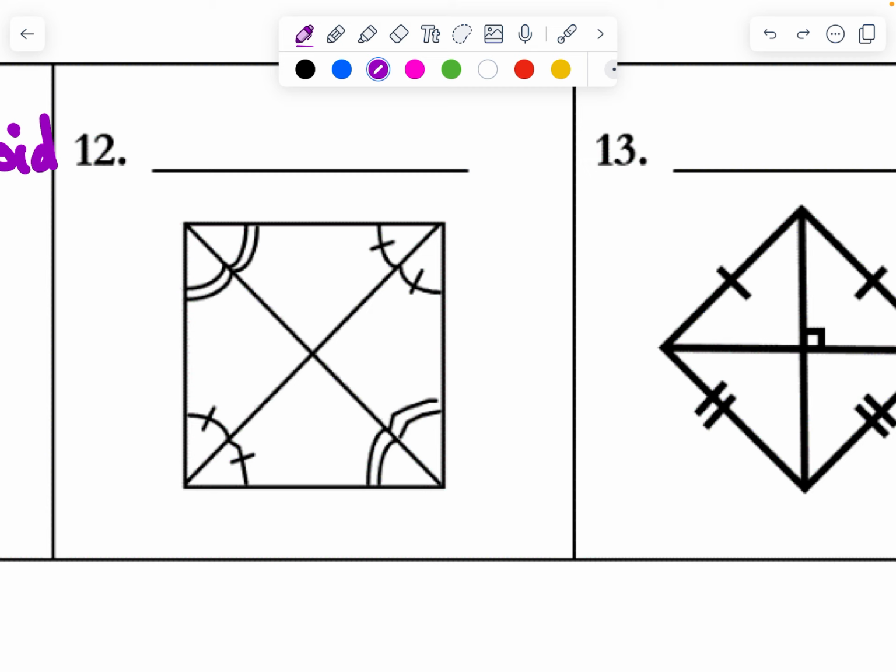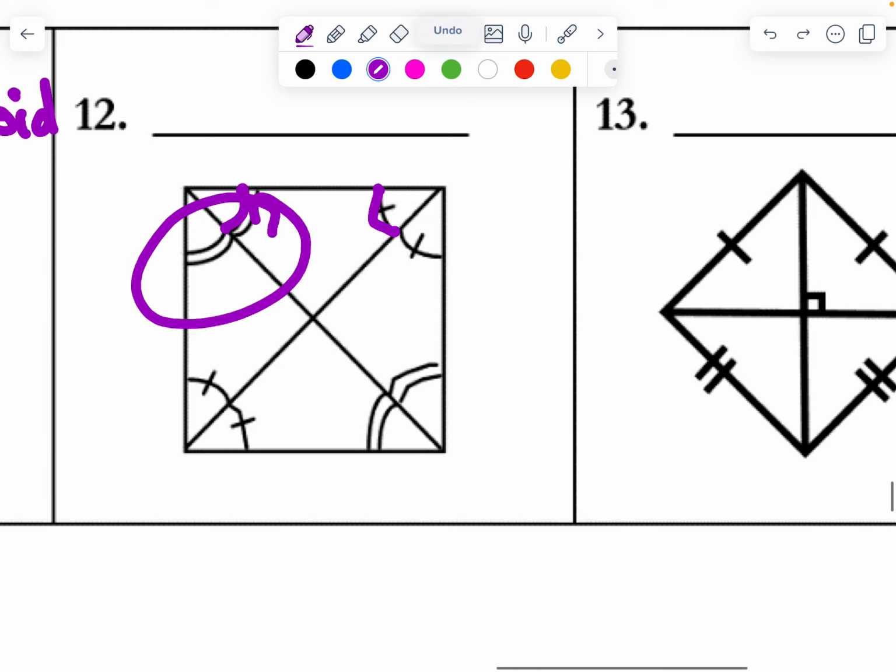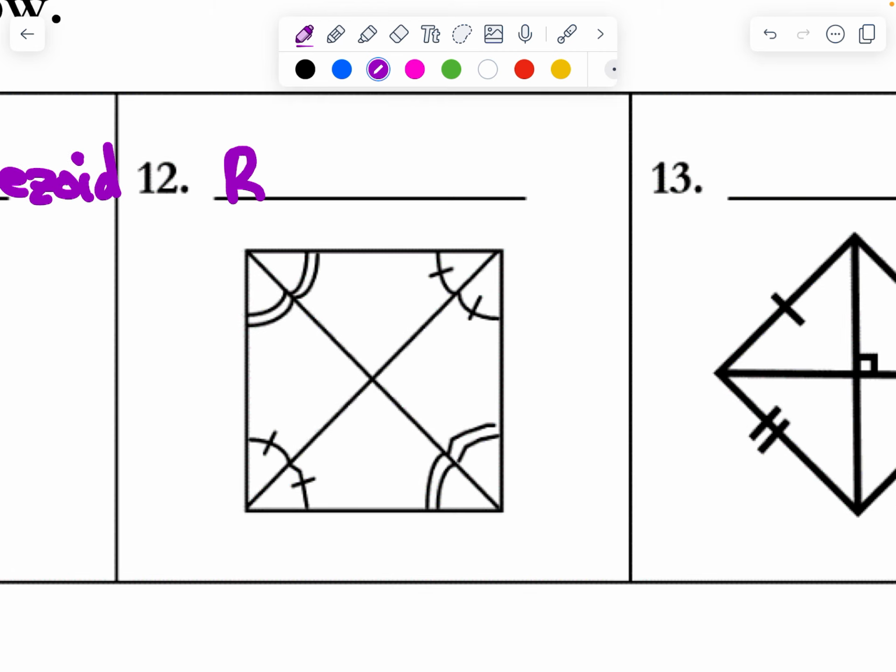But again, because we know that has to be different than this, that means that these two cannot be equal to 90 each. So the farthest that we can possibly go is saying that these are rhombuses.